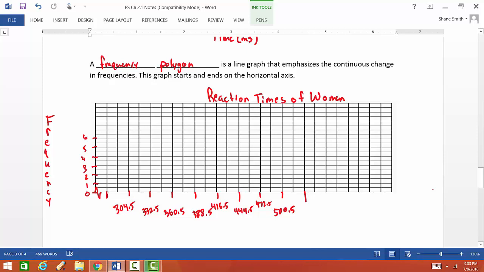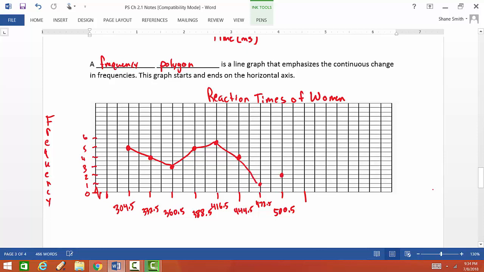But before we get to that, all you do for a frequency polygon is it's a line graph. So you put a point. For example, my first frequency is at 5. My second frequency is at 4, and we put points on these, and then we connect them with a line, like so. So let's do that. So 3, 5, 6, 4, 1, 2.